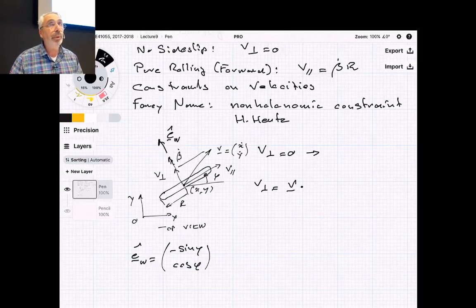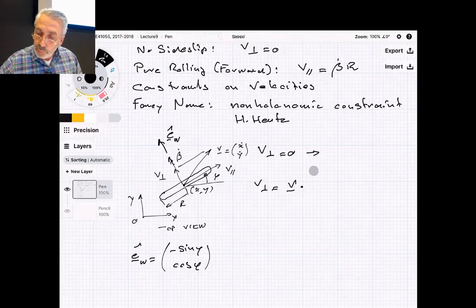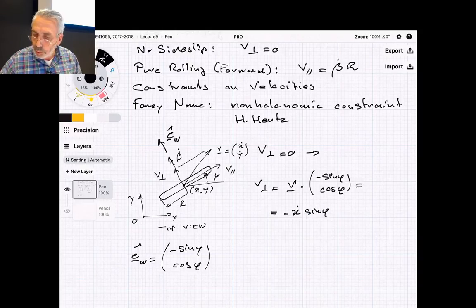That is the direction perpendicular to the wheel. So we have to take the inner product with this minus sine phi and cosine phi. Or in other words, the answer is of course minus x dot sine phi plus y dot cosine phi.